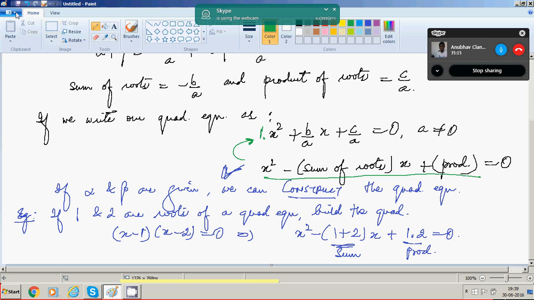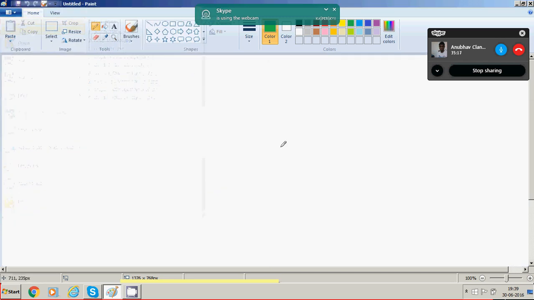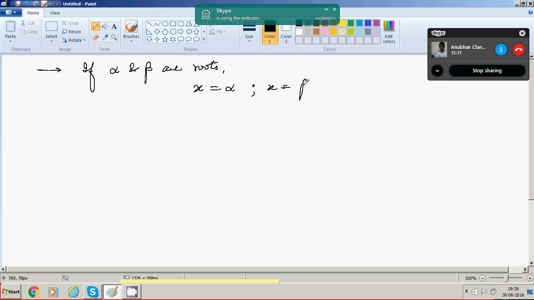So in general, if I generalize the numerical example I gave, if alpha and beta are roots, what does it mean? It means x equal to alpha or x equal to beta.